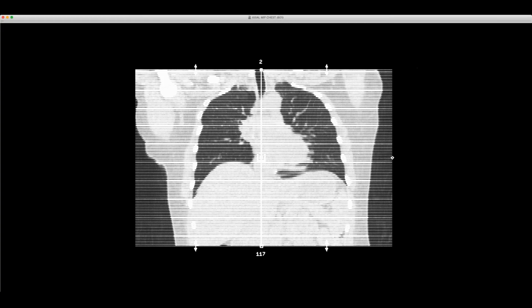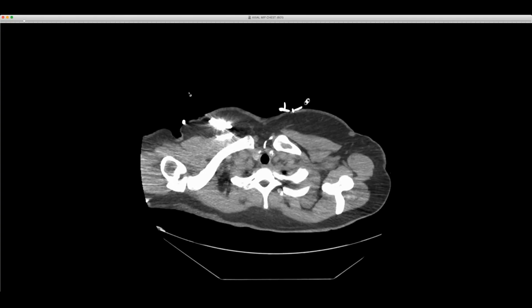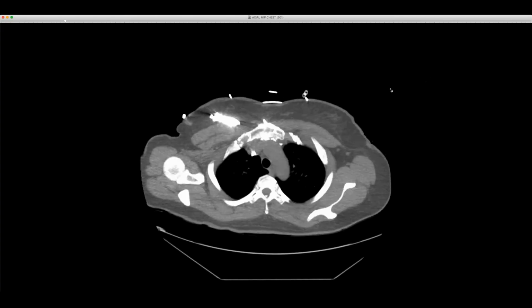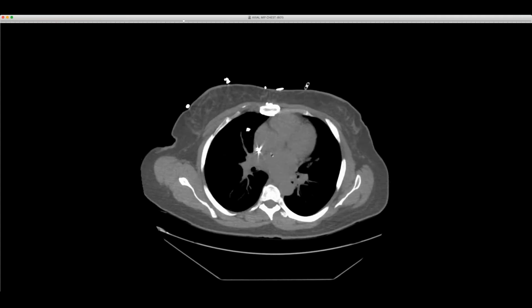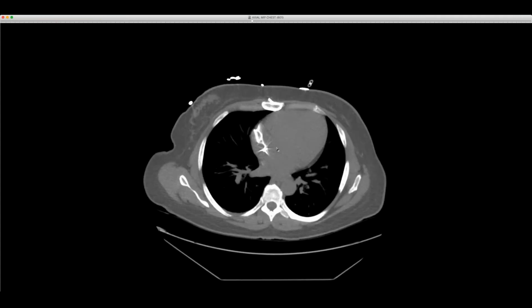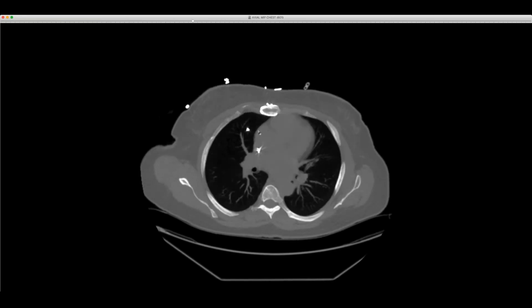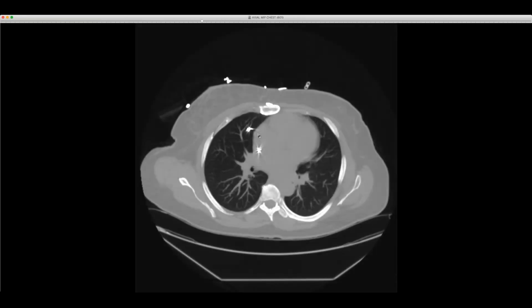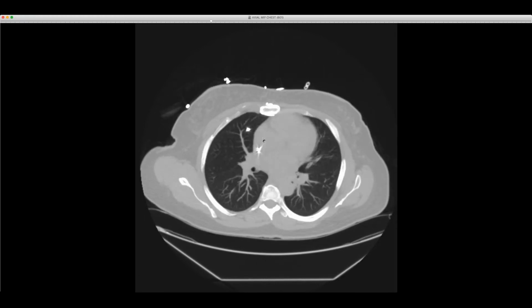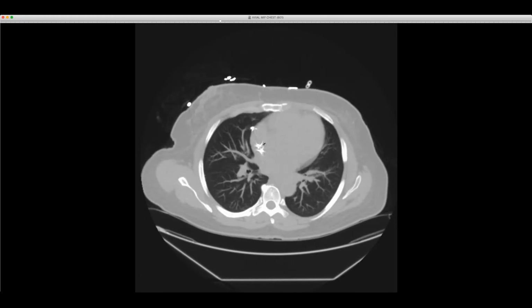We suspect that pacer lead is not where it should be. Here's the CT, and the pacer lead is perforating outside the right atrium and going into the lung. So this was a case of a chronic pacemaker perforation through the right atrium.